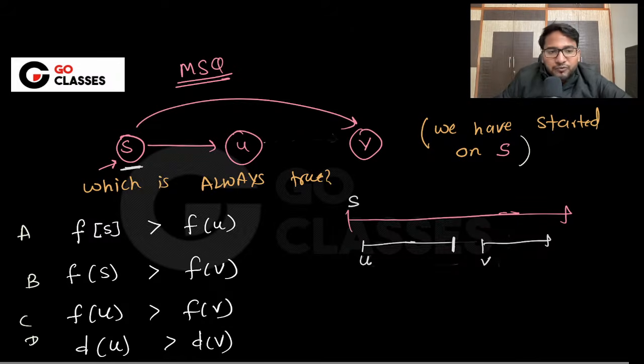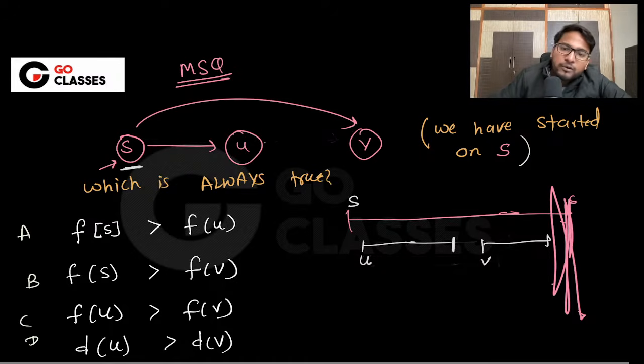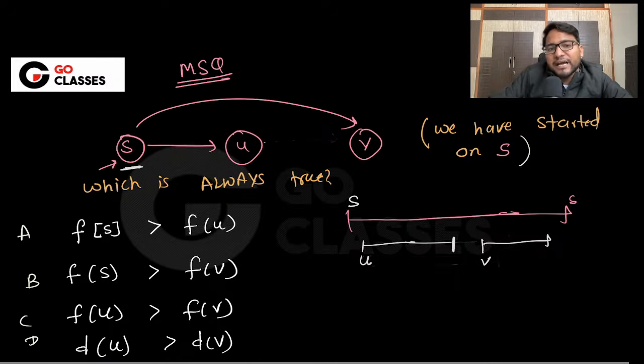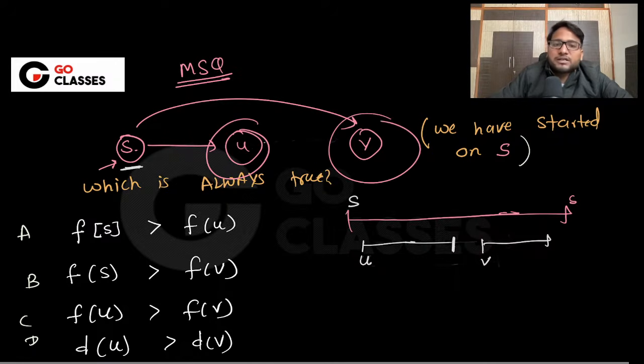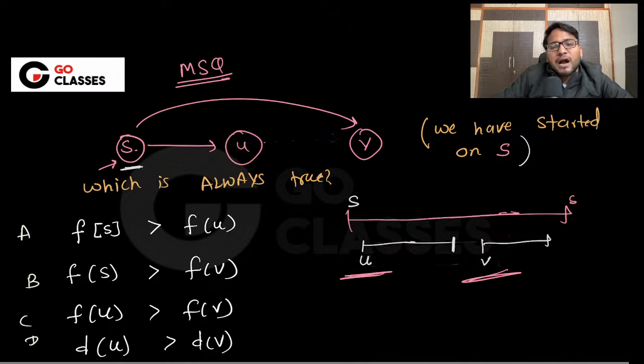So basically, one thing is for sure: the finish time of S is here, and before this finish time, everyone, which means U and V, must be finished. Because you will be starting them anyway. You have to start them because U and V are reachable from S. After starting S, you must start U and V. Hence, you can say that the finish time of S will definitely be greater than U and V. What is the relationship between the finish times of U and V?